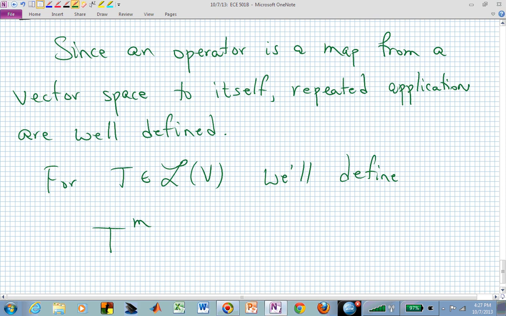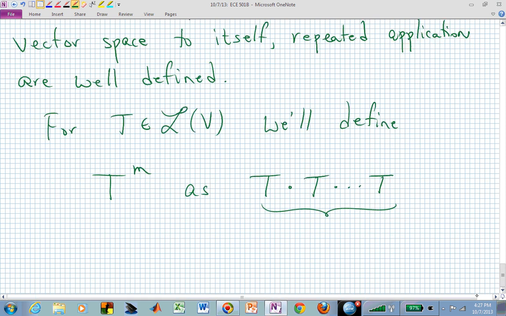T to the M is really just the same thing as multiplying T by itself M times. That's what we mean by T to the M. We just say T, T squared, T cubed. That's T times T times T times T times T, up to M times.